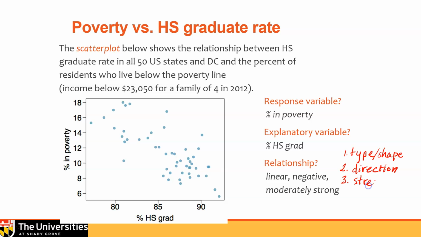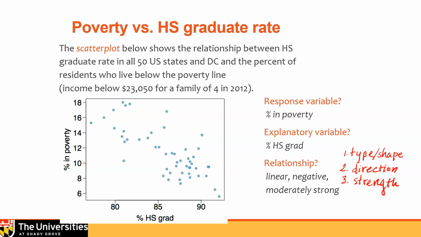And so here is a relationship as we look at this particular scatter plot. We see definitely there's a somewhat linear trend here. It is negative, and we see it's moderately strong.